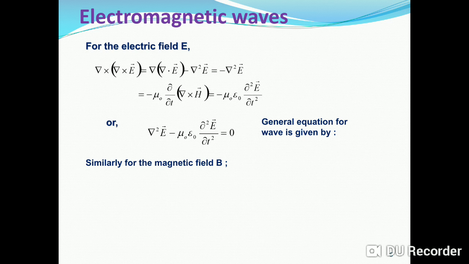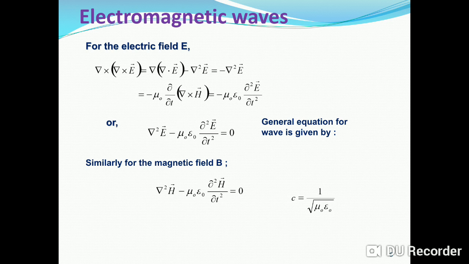Similarly for the magnetic field, the wave equation is del square H bar minus mu naught epsilon naught into dou 2 H bar by dou t square, which is equal to 0.